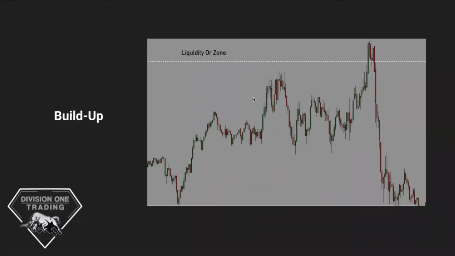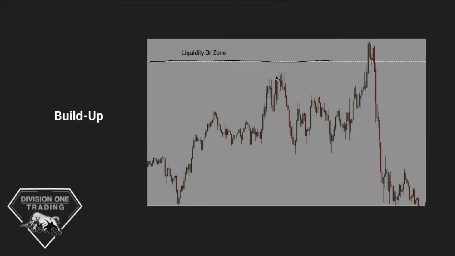Another one we have is a build up. You can see here it was that rejection area, so this is an opportunity where we can look for rejection. Here we have what I call a build up. Right here we could have liquidity or a zone, and before price gets there, it'll give what looks like rejection wicks.